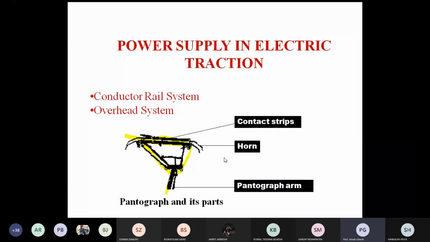One motor is dedicated to one pair of wheels, so two motors are dedicated to two pairs of wheels. Each individual pair is driven by an individual traction motor.